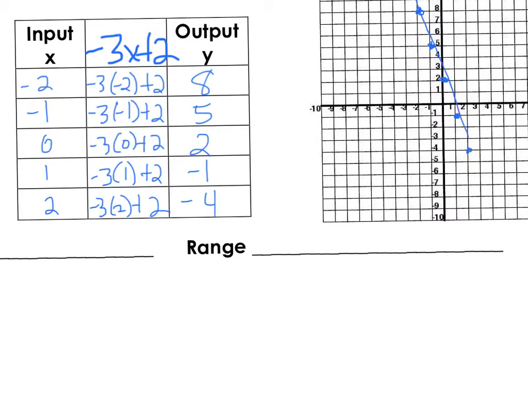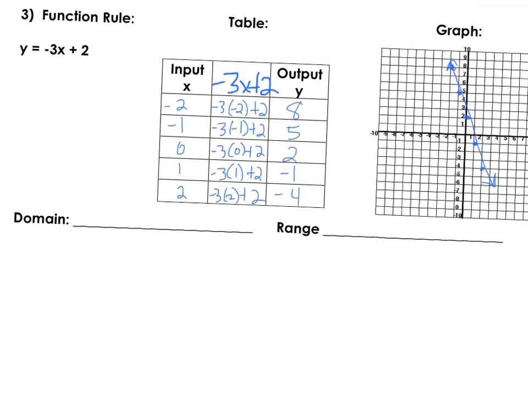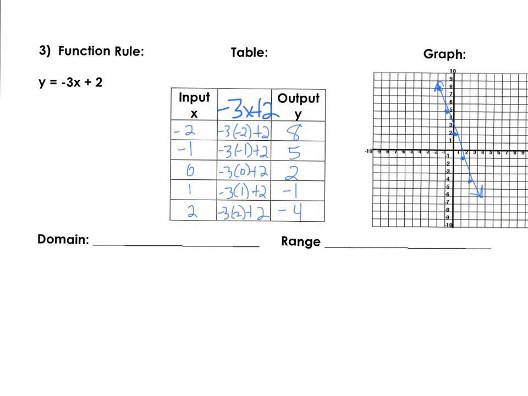And we know we're correct because we just graphed our straight line. And I'm sure your line will look a little bit better than mine. And then we'll go ahead and put in our domain and our range for our graph. So, of course, the domain is the input. And then our range is 8, 5, 2, -1, and -4.